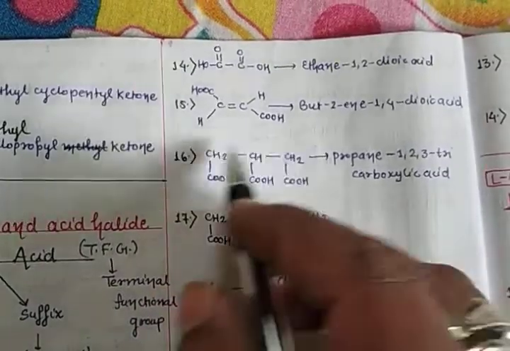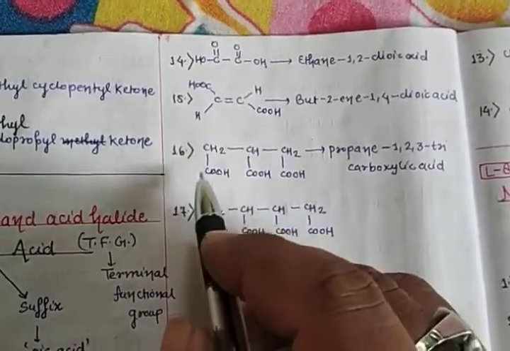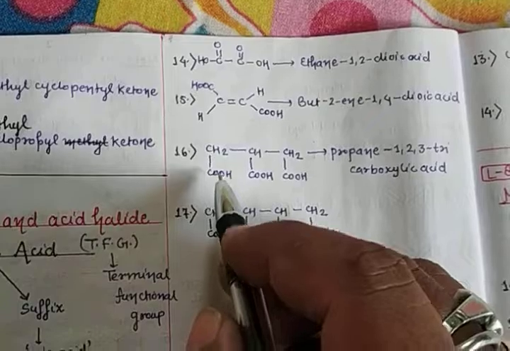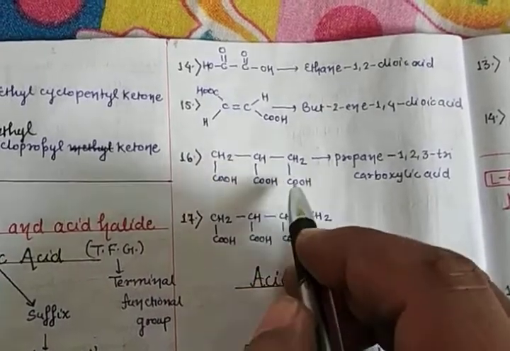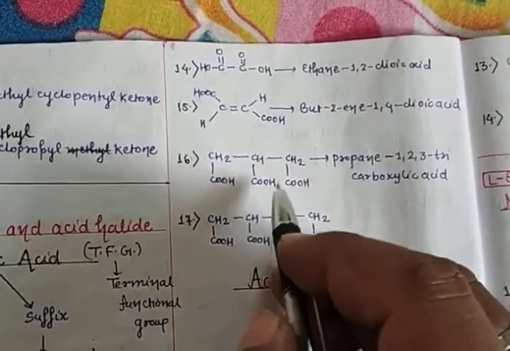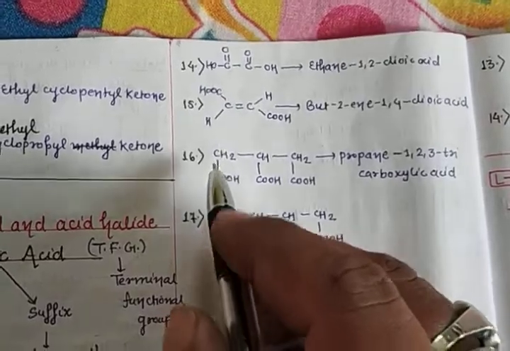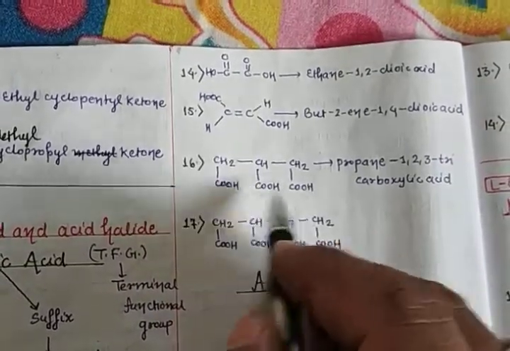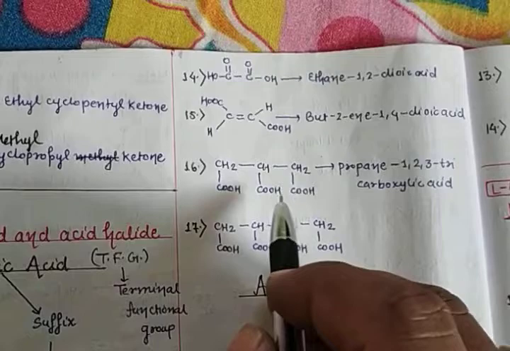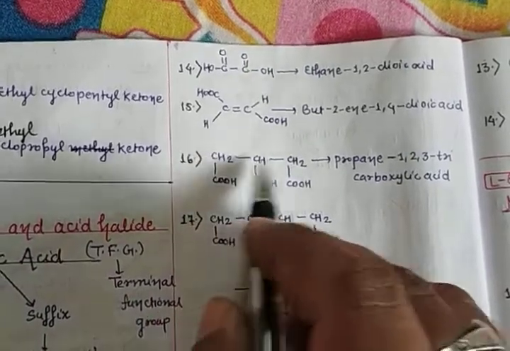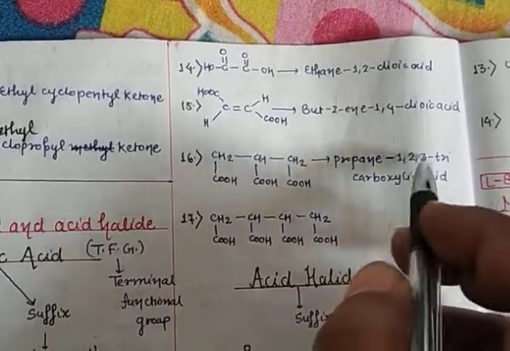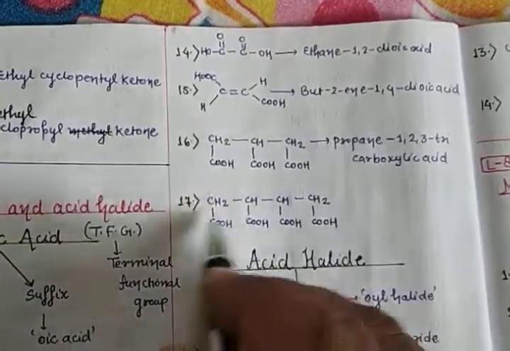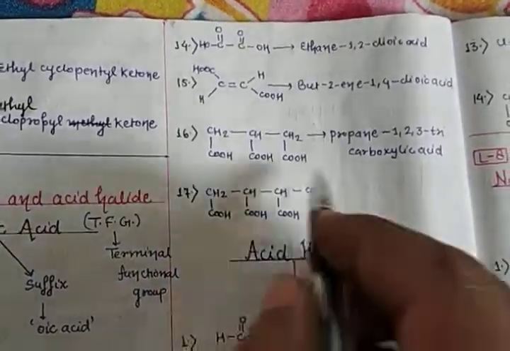Now this is also an important example, because the priority is the same as the CHO group, 1, 2, 3, 4, 5, but the COOH carbon does not count. So now we consider 1, 2, 3, because carboxylic acid is a very important functional group. So 1, 2, 3. The simple meaning: propane 1, 2, 3 tricarboxylic acid. Same for this. Yeah, clear?